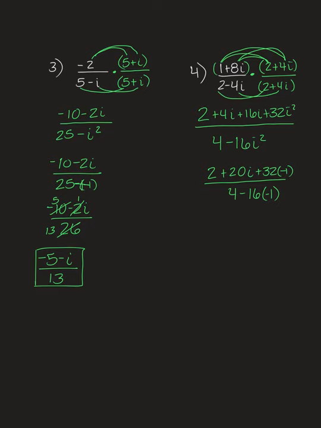So I will have 2 minus 32, which is negative 30, plus 20i over 20. I can reduce each of these by 10. So 10 goes into 30 3 times, 10 goes into 20 twice, and again down there. So my final answer is negative 3 plus 2i over 2. And that's how you divide complex numbers.